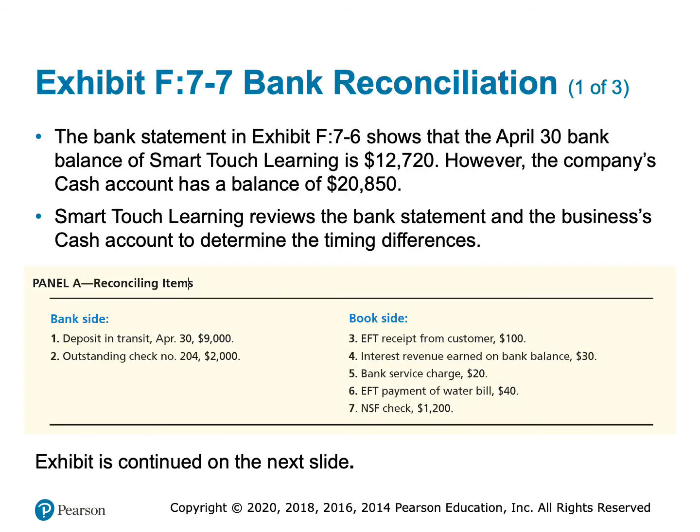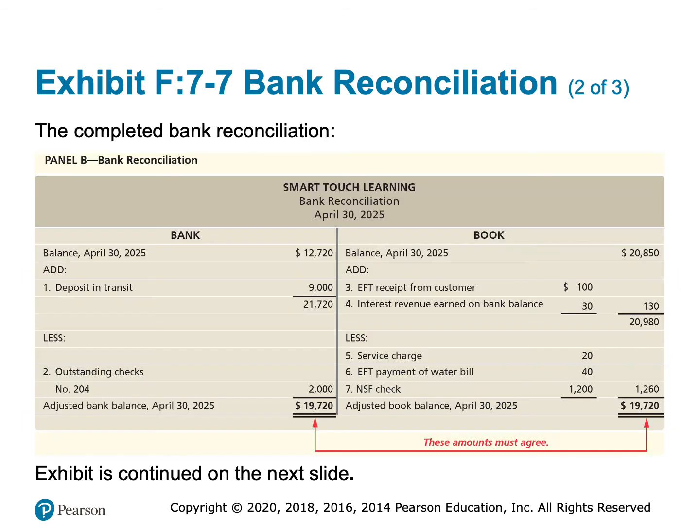So we're given some data here and we're going to walk through an example problem together. We're told that on April 30th, our bank statement showed a balance of $12,720, but our company cash account showed a balance of $20,850. So I need to balance that out. I need to reconcile that and get them to be the same.